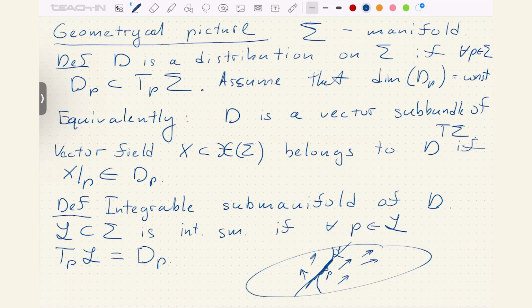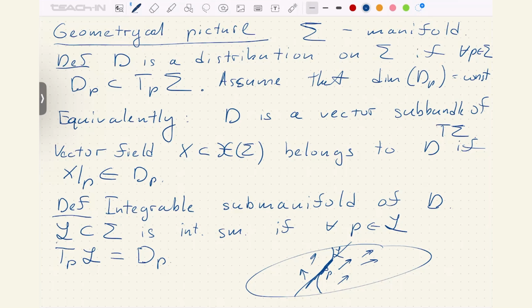So the idea is we are trying to find a submanifold such that this holds. So its tangent space everywhere coincides with the distribution. So for a given distribution, an integrable submanifold may exist or may not exist.